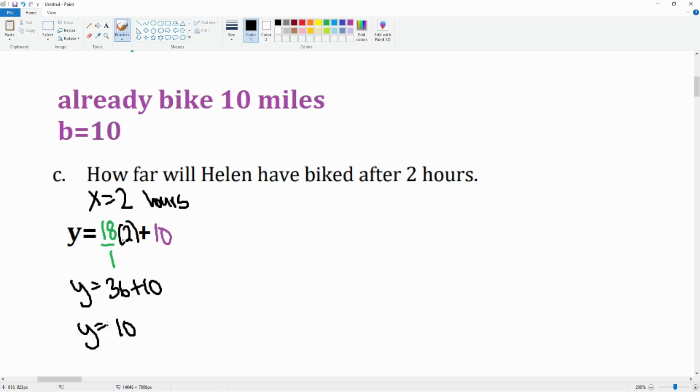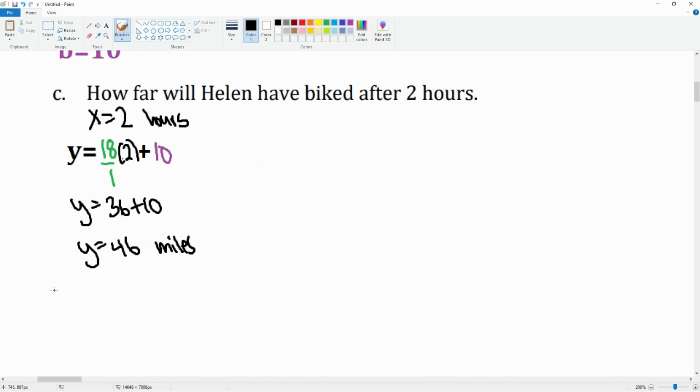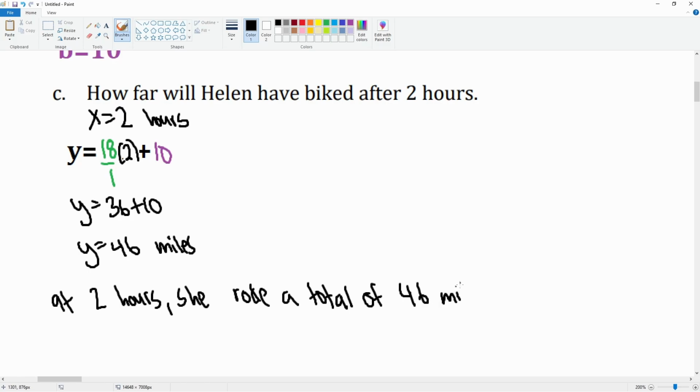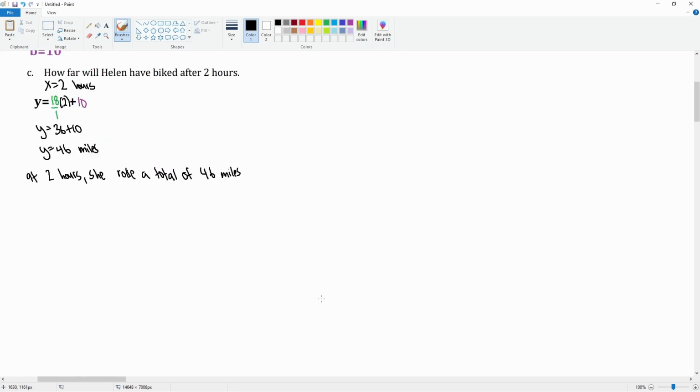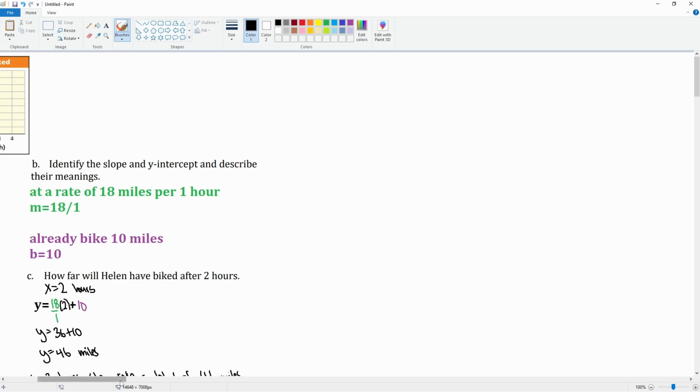This gets you 46, and this is miles. So we can say that at 2 hours, she rode a total of 46 miles. Right, there you go. That is how you do the problem.